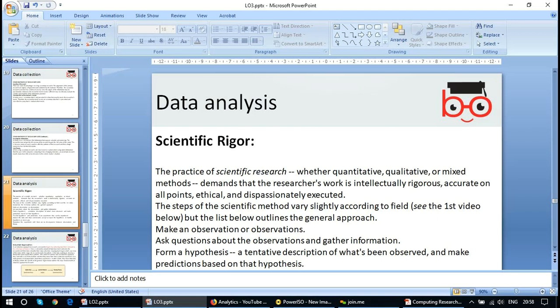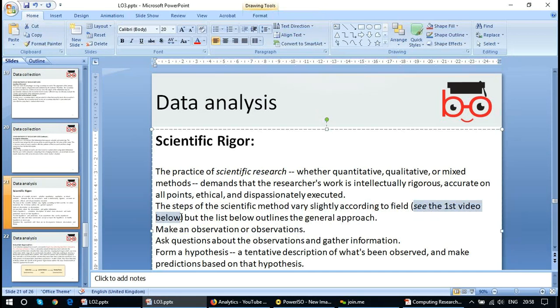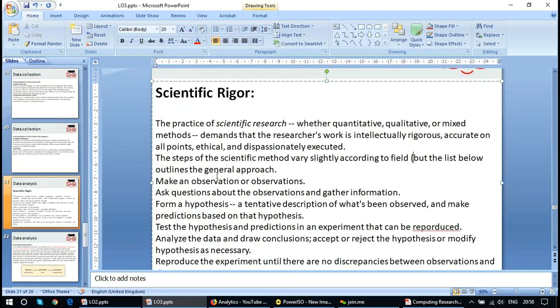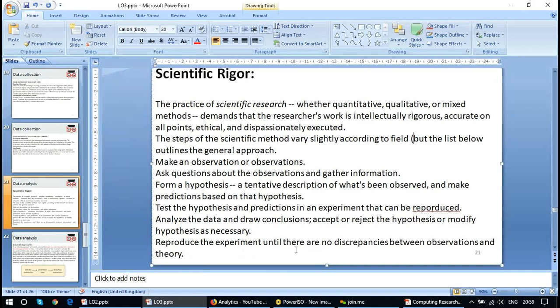The stages of the scientific method vary slightly according to the field. However, the following list must be outlined: make an observation or observations, ask questions about the observation and gather information, form a hypothesis, test the hypothesis, analyze the data, and reproduce the experiment until there are no discrepancies between the observation and the theory.